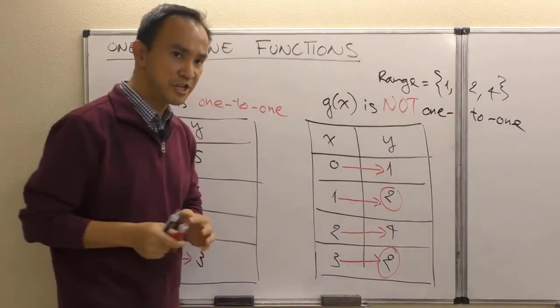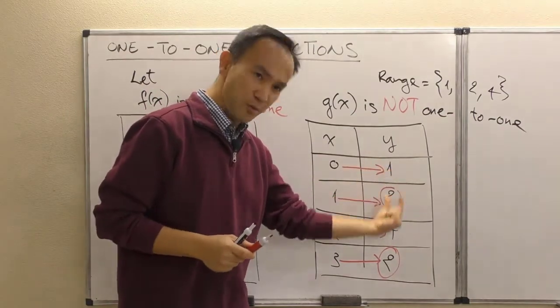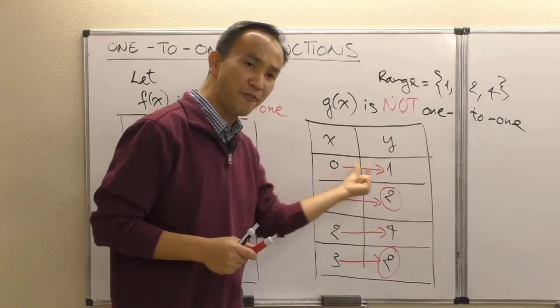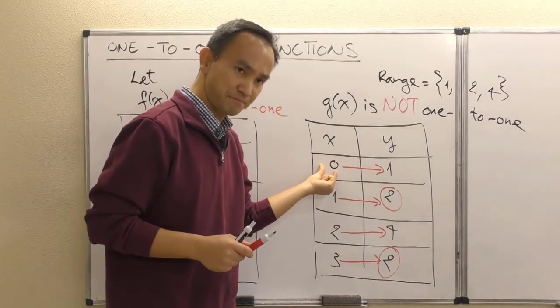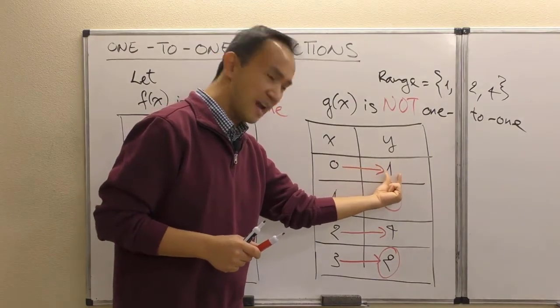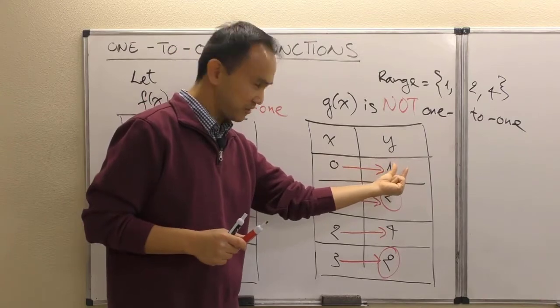g itself is not one-to-one because on some outputs, yes, it came out from exactly one input. For this output, there was exactly one input taken to it.